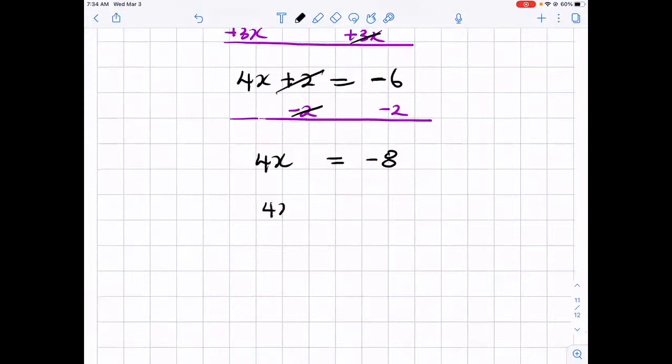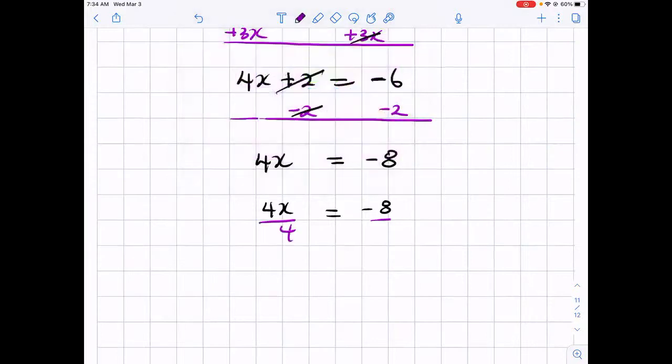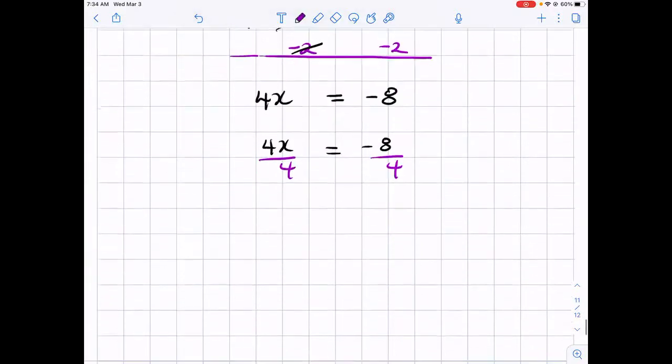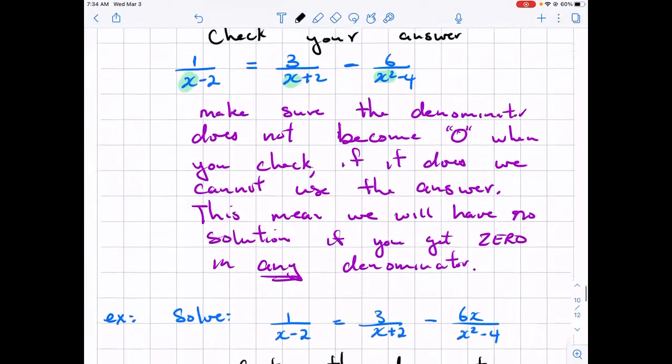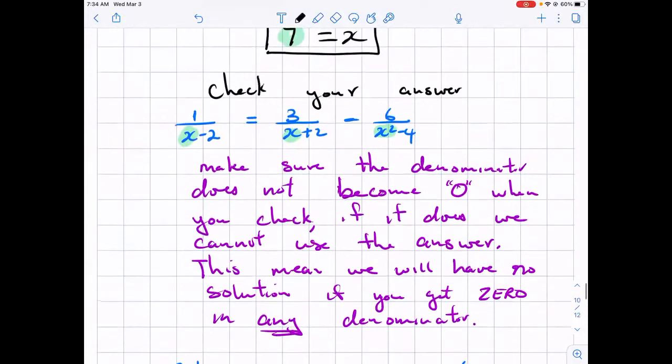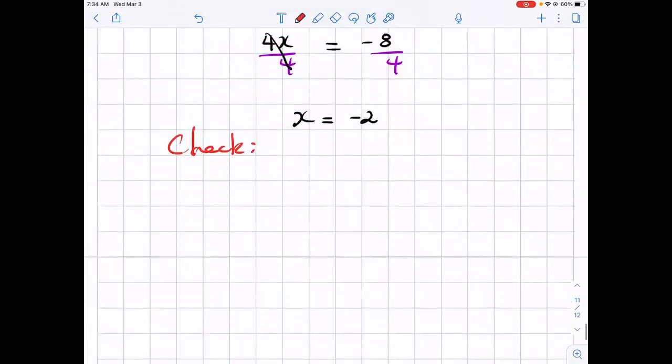And then finally, if I want to find x, I would divide both sides by 4. And if I do this, we have 1x is equal to negative 2. But as I said before, make sure to check your answer. So let's check.